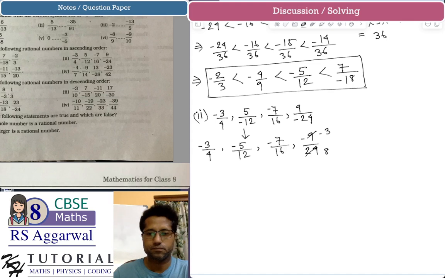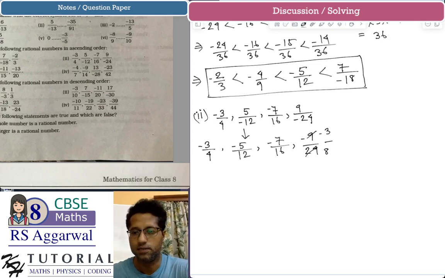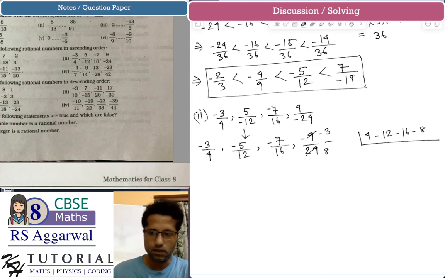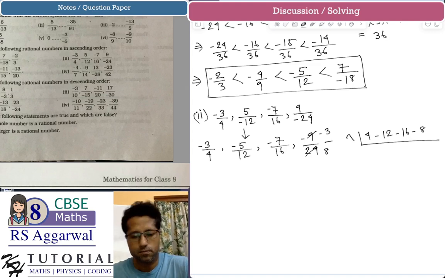So we have the rational numbers minus 3 by 4, minus 5 by 12, minus 7 by 16 and minus 3 by 8. Now we see that all these rational numbers are negative and the denominators are different. We have to find the LCM of the denominators. So 4, 12, 16 and 8, we divide with the least prime number, which is 2.